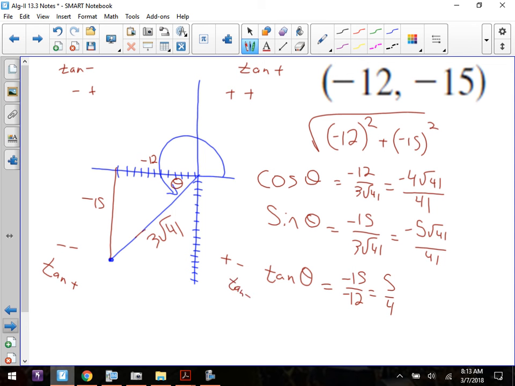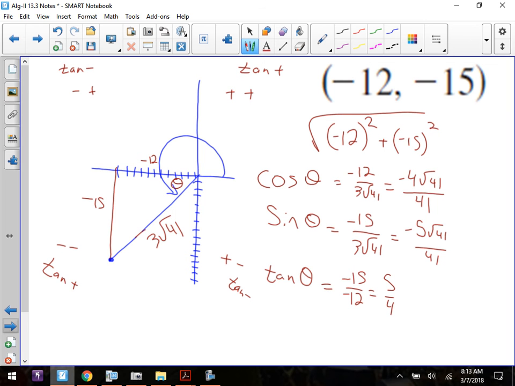And the reason that happens is because tangent is y over x. Since tangent is y over x, you have to have both sides being the same sign in order for the tangent to be positive. It works the same with reciprocals. Cotangent would be positive first and third. Cotangent would be negative second and fourth. So those are my normal trig functions.